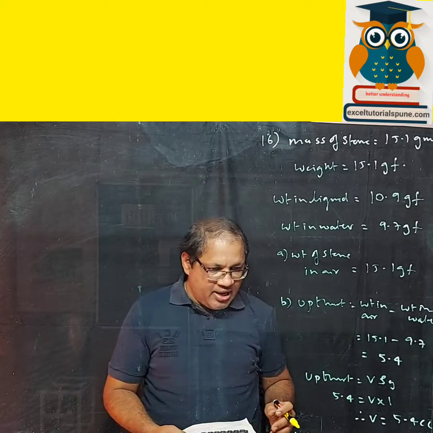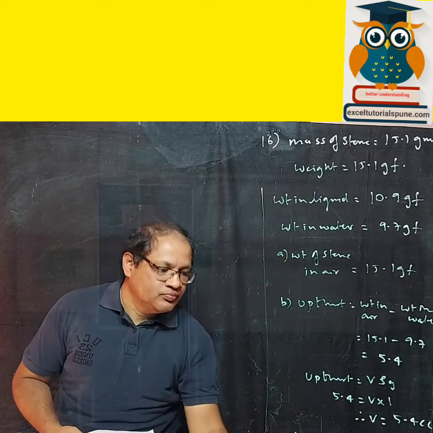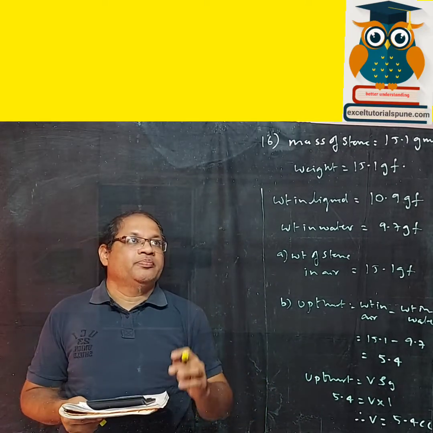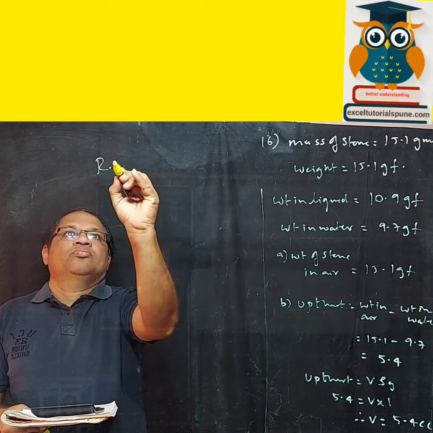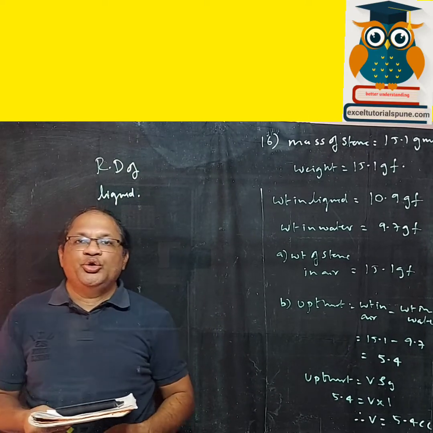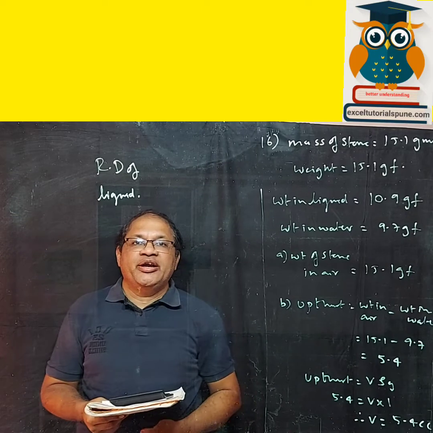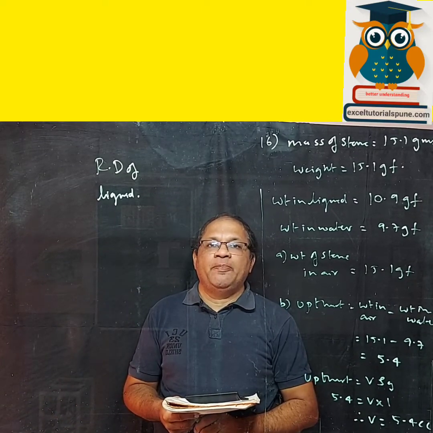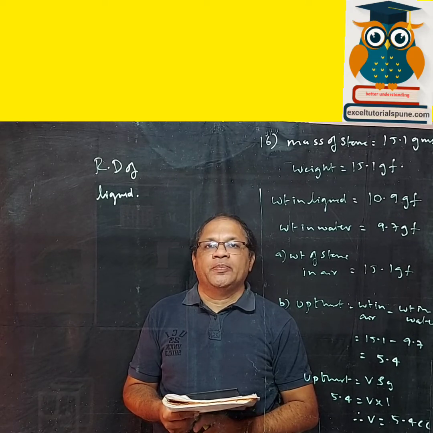Now the next part is relative density of liquid. Okay, do you know the formula for relative density of liquid? Loss of weight in liquid upon loss of weight in water.